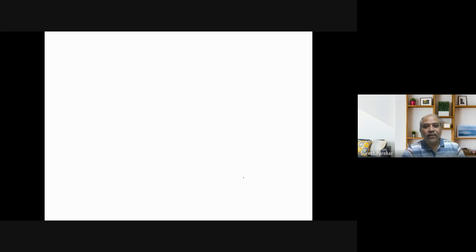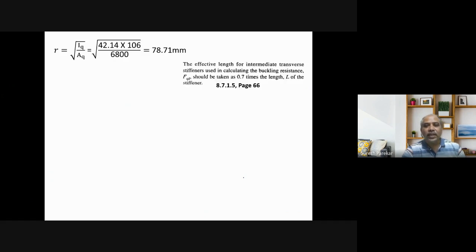Now, knowing the value of I, we can calculate r, which will be the square root of I by A, and that is 78.71 millimeter. Knowing this value, we have to take, as you can see, the effective length of an intermediate stiffener used in calculating the buckling resistance, which should be taken as 0.7 times the length of the stiffener, that is, the depth of the stiffener.